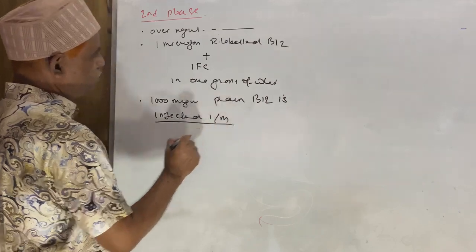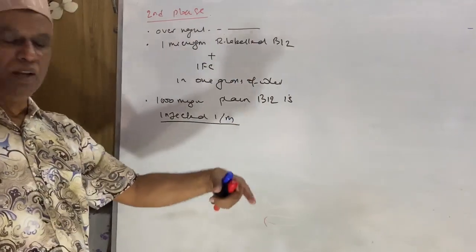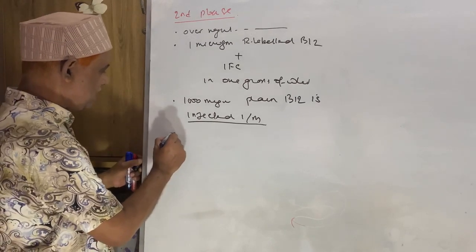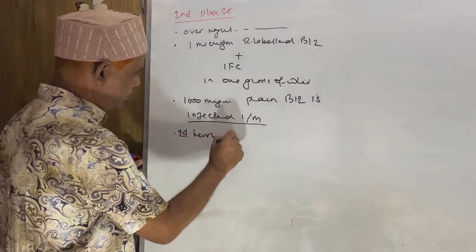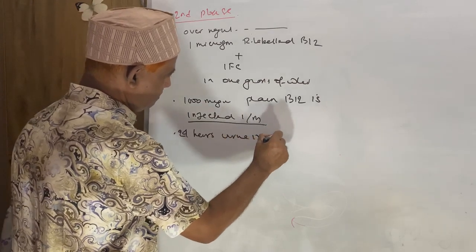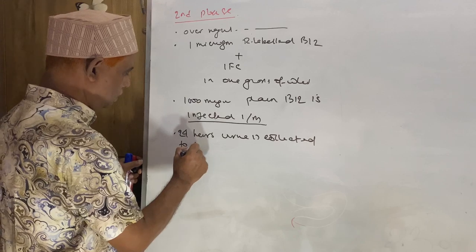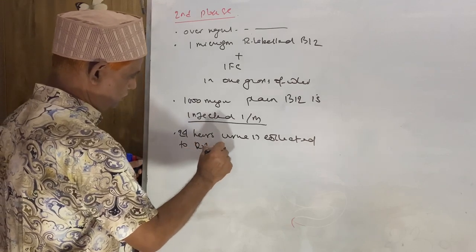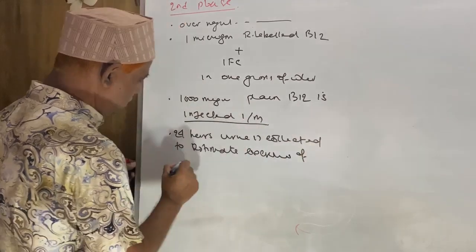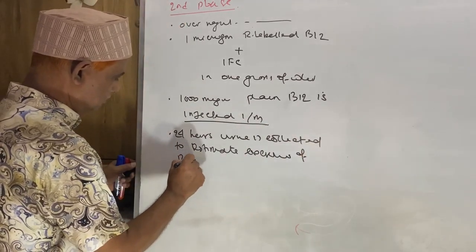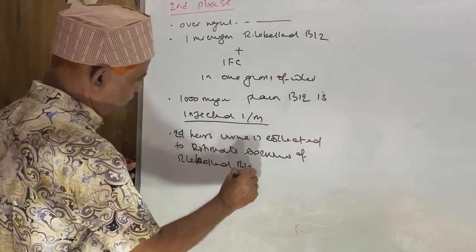Again, this is to flush the radiolabeled vitamin B12 in urine. After that, again for 24 hours, urine is collected to estimate the excretion of radiolabeled vitamin B12.